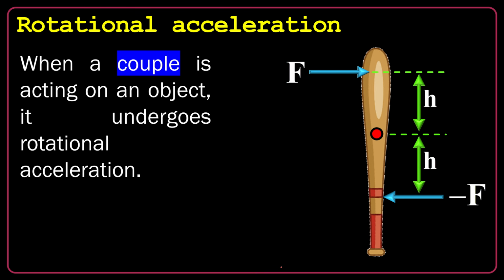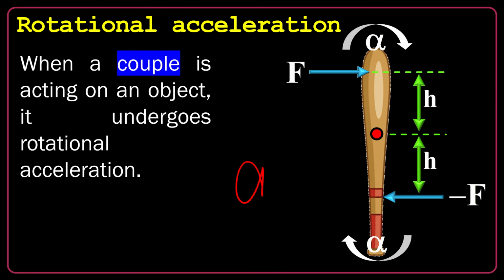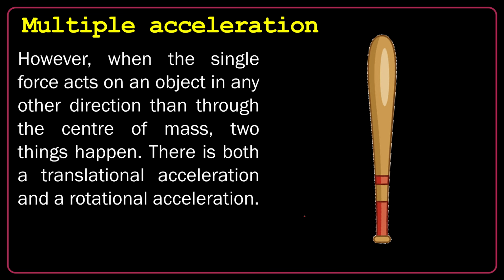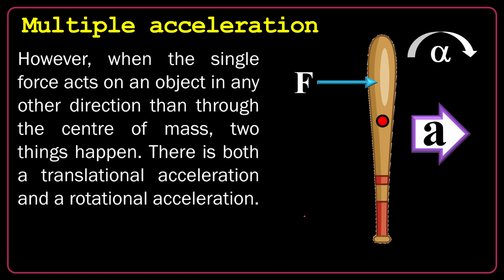But you know that the couple will make a torque, okay? And we learned it in previous lessons. So we have a chance of angular acceleration. So we have angular acceleration but no linear acceleration.